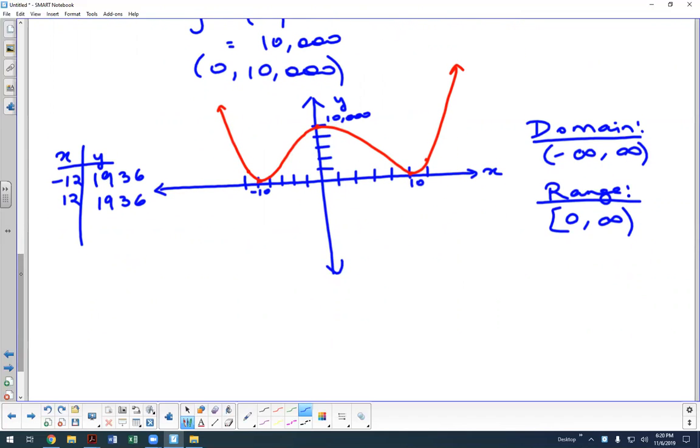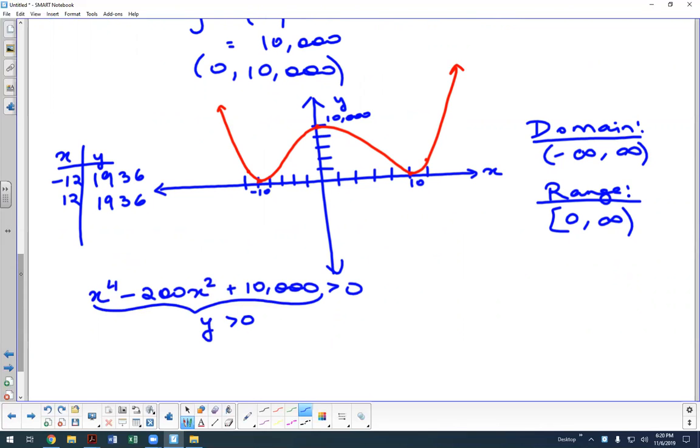So again, that inequality is x to the 4th minus 200x squared plus 10,000 is greater than 0. You can think of this as being your y value. So we're saying where is your y value going to be greater than 0? So what do you think that interval notation will be?